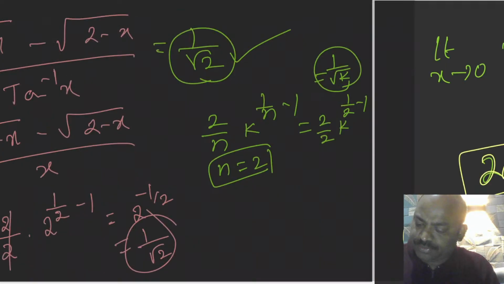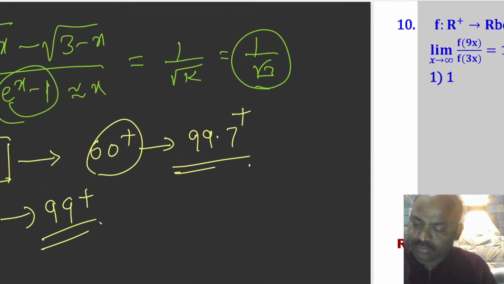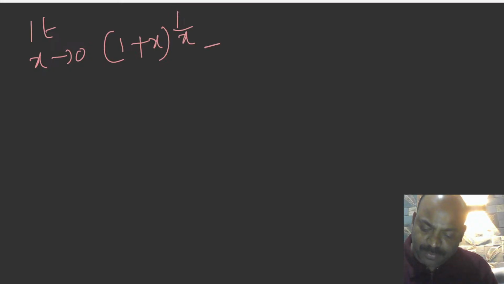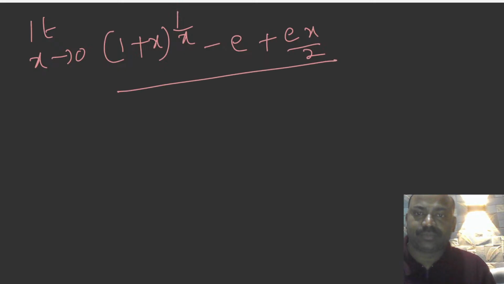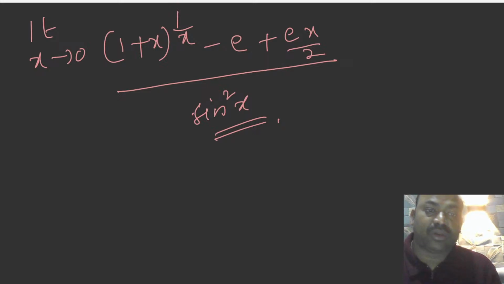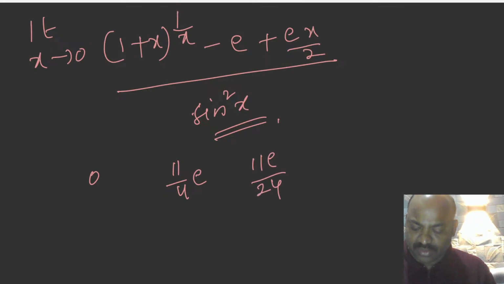Limit x tends to 0, (1 plus x) whole power 1 by x minus e plus ex by 2, divided by pi sine square x. Very beautiful, good question it is. Can you solve this? Options: 0, 11 by 4e, 11e by 24, and e by 6.